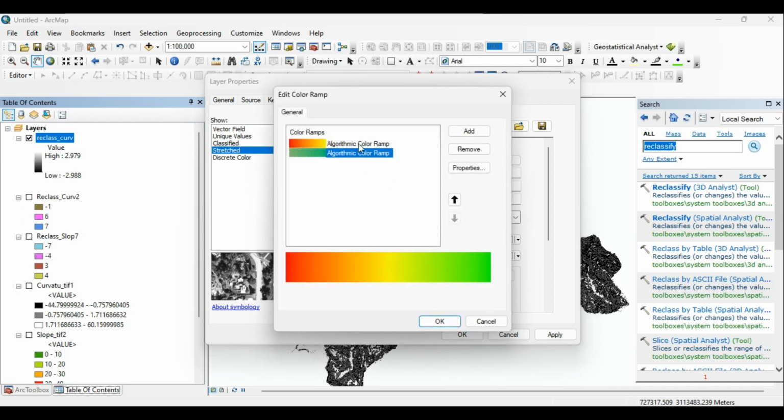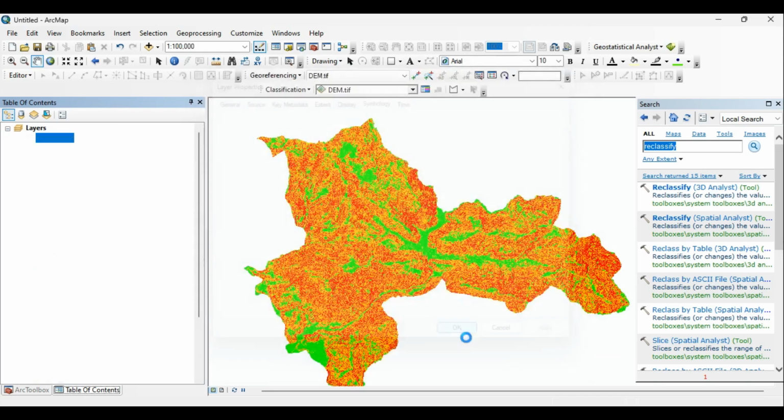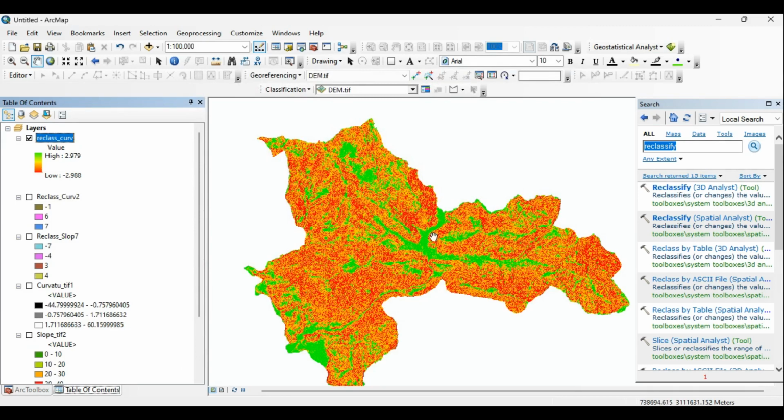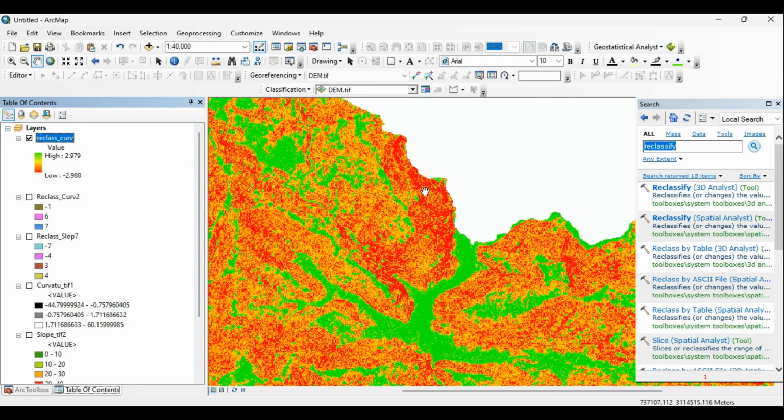Okay, this red portion shows the higher susceptibility for landslide, and the green portion shows the lower susceptibility for landslide.